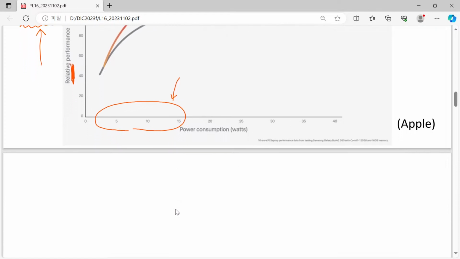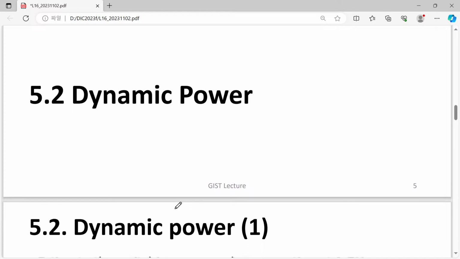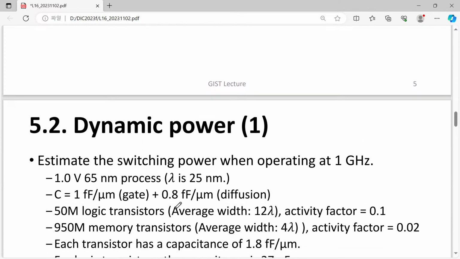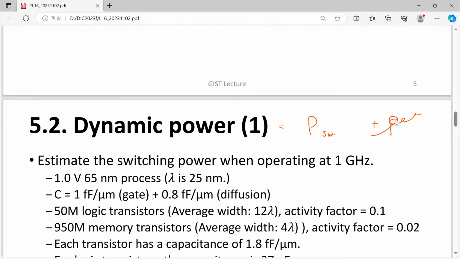Okay, so now let's go to the textbook content, dynamic power. Dynamic power can once again be decomposed into switching power and short circuit power. However, we will neglect this short circuit part because that is not that important in its magnitude.